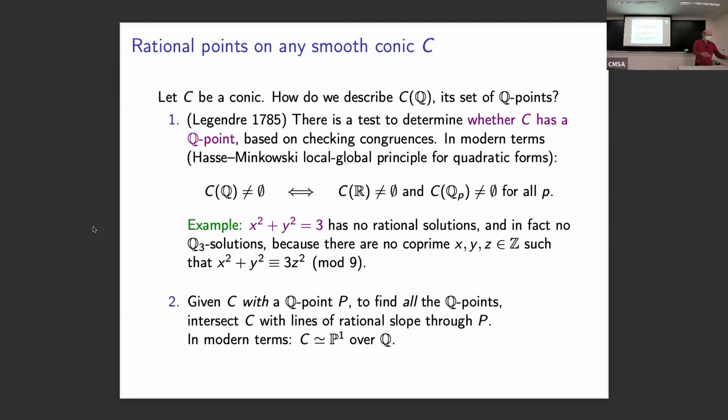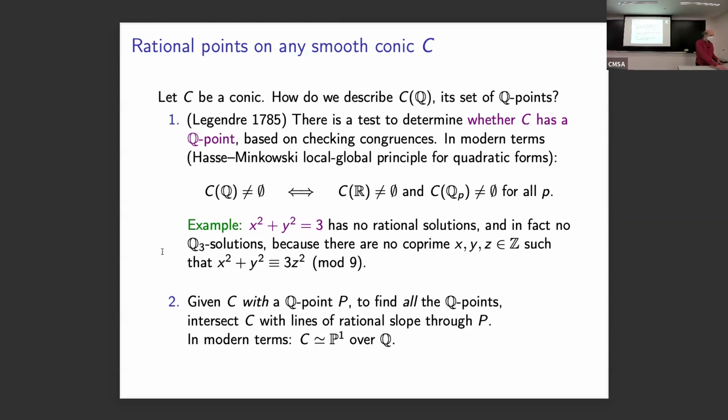Concretely, if there were a solution in rational numbers, you would then have a solution in integers, and a solution in co-prime integers. But you can check that there are no co-prime integers x, y, and z that satisfy the equation mod 9. You can just check all the possibilities mod 9. Anyway, that's an example.